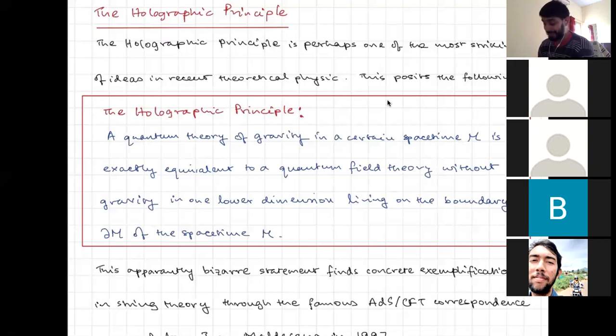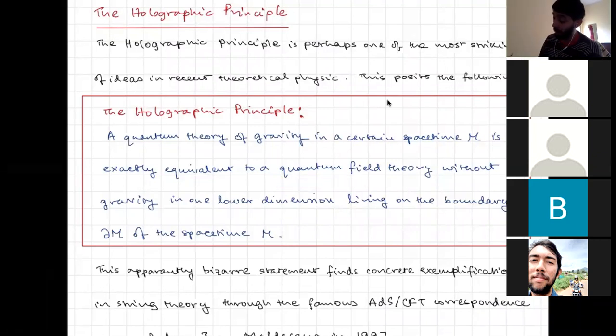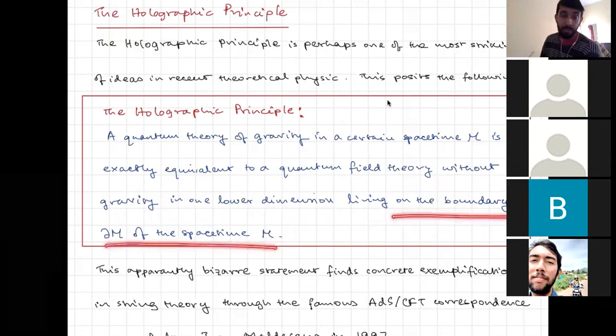And this statement is the following. If you have a quantum theory of gravity in a certain space-time M, this theory is exactly equivalent to a quantum field theory which is without gravity and lives in one lower dimension on the boundary of the space-time M.